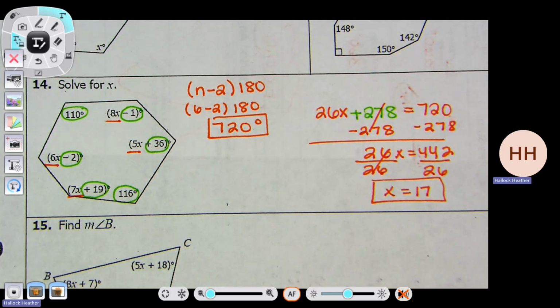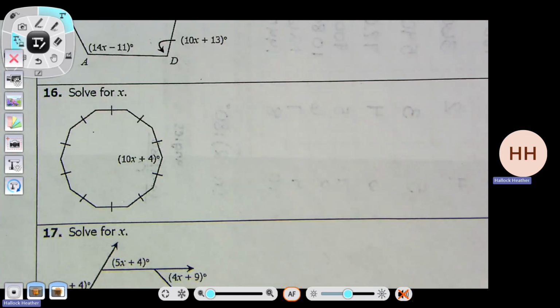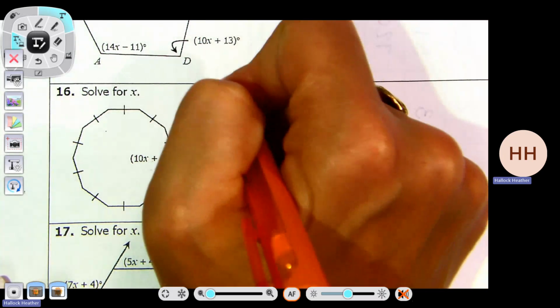Okay, you want to set up one more together? Let's just talk about 16 really quick. You need to decide, is this interior angles or is this exterior angles? Interior, because it's inside, so that's the cue that you're going to be using n minus 2 times 180.